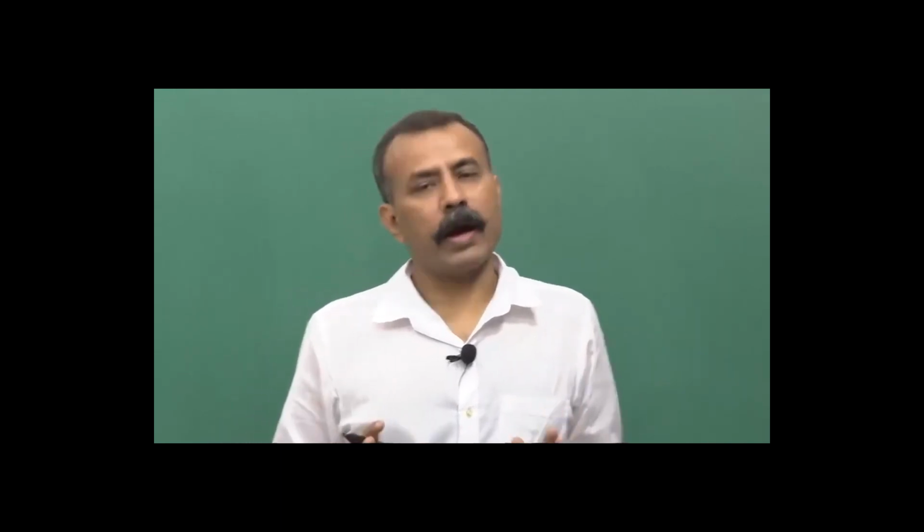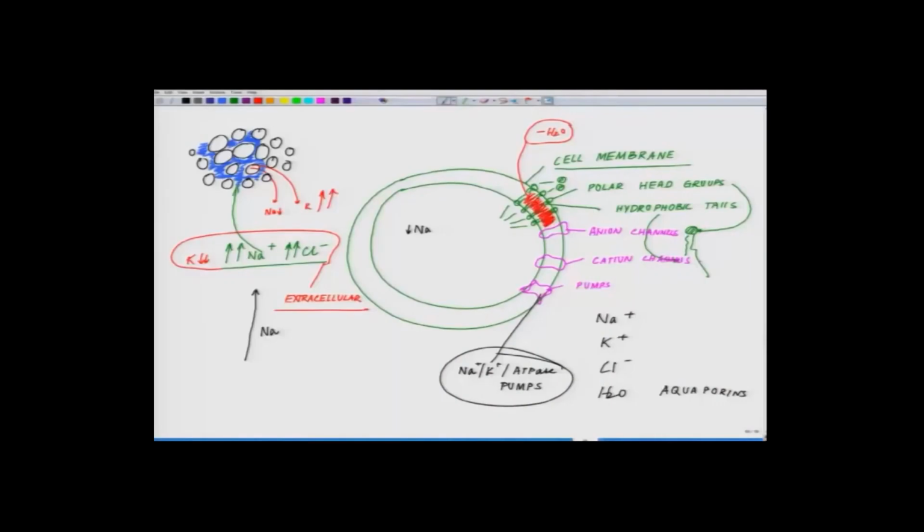That brings us to a very interesting paradigm. What is that paradigm? Inside I told you the sodium is low and outside I told you sodium is high. So, automatically by the diffusion process, this outside sodium should try to move inside like this. And similarly, inside the potassium is very high.